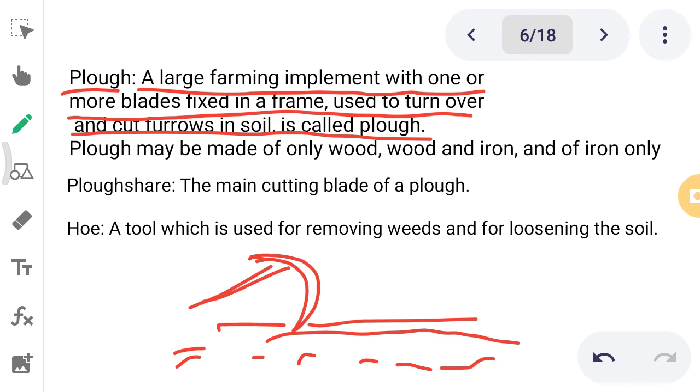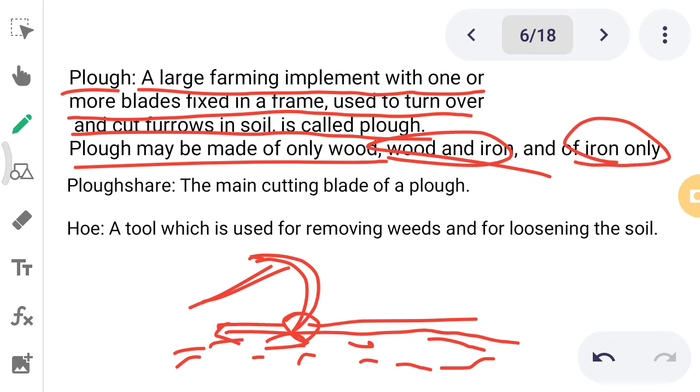And it is usually made to run through the soil so that more air spaces can be created and furrows are cut through this blade. A plough may be made of only wood, wood and iron, or iron only.